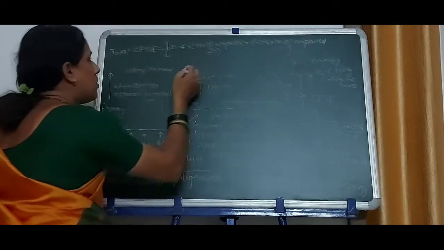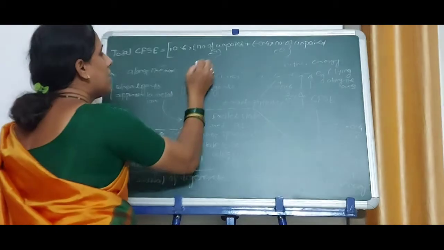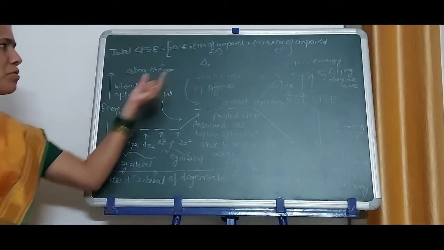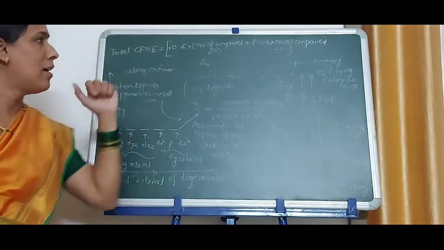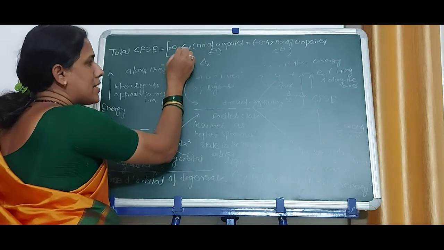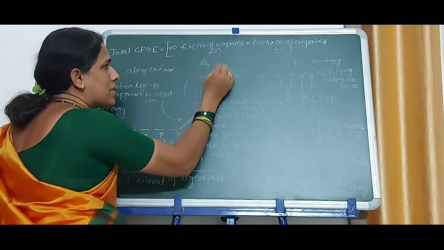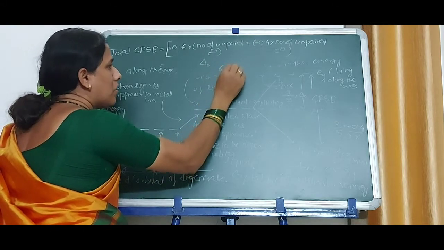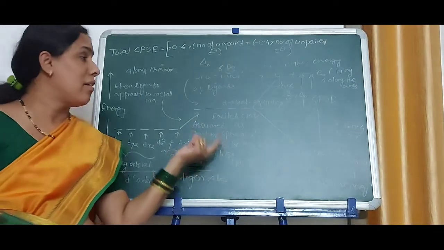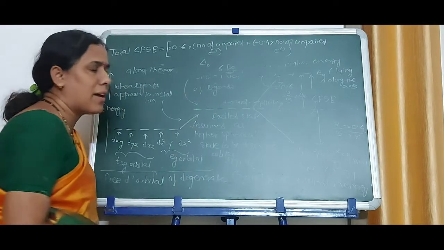When you take the sum, you get the total crystal field stabilization energy of an octahedral complex, which comes in delta octahedral. When you want it in Dq, you have to only replace 0.6 by 6 Dq.